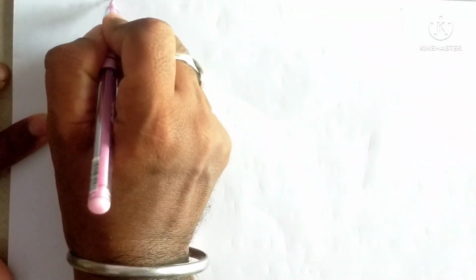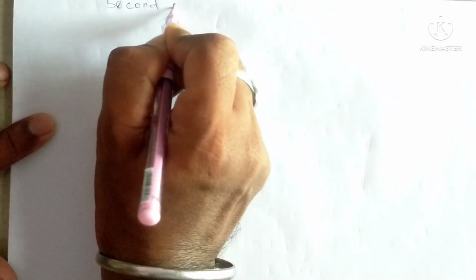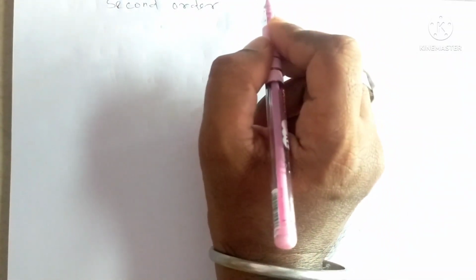So your third parametric continuity condition is second order. Here we will take the second order derivative.